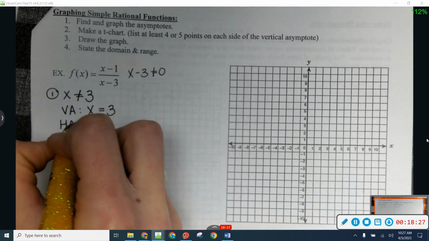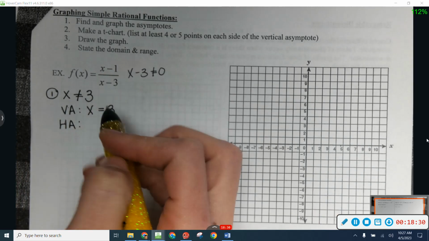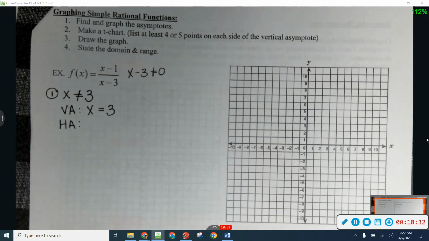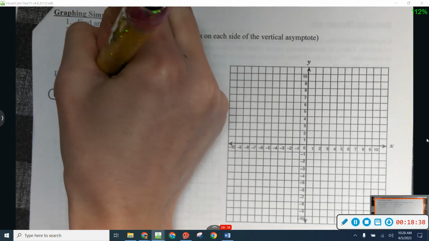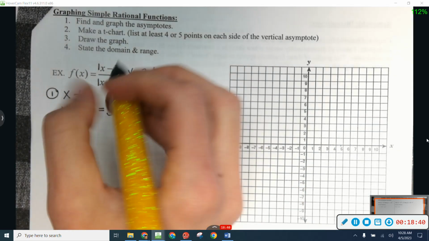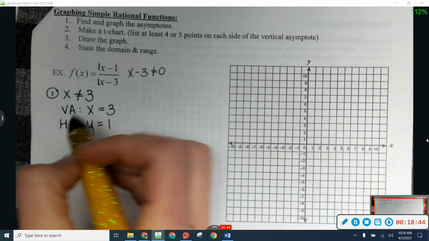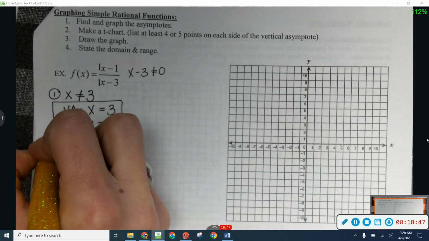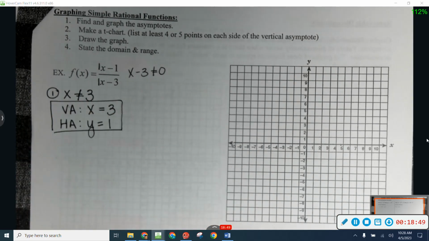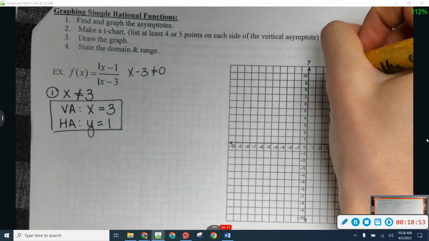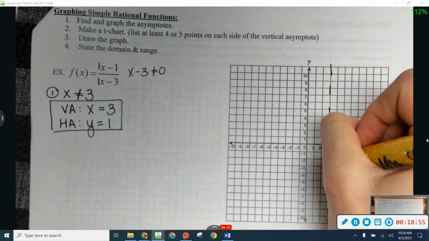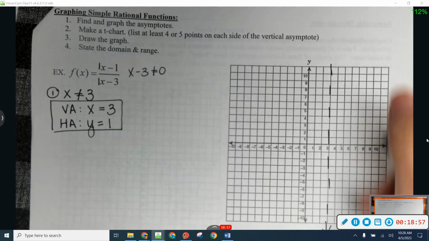My horizontal asymptote: what's the degree of my numerator and the denominator? They're equal, so I set up a ratio of my coefficients. My coefficients are both 1 and 1, so my horizontal asymptote would be y equals 1. Okay, before I even do anything, I'm going to go ahead and do my dashed lines for x equals 3 and y equals 1.